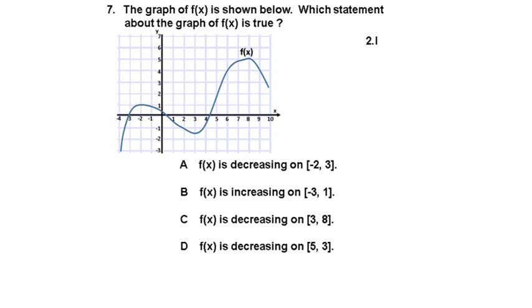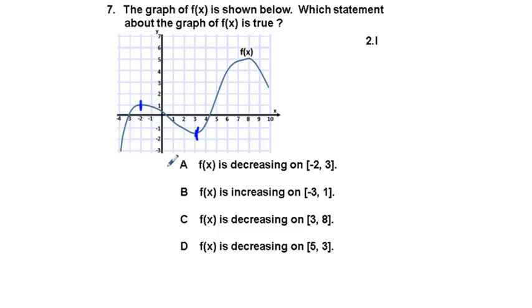Next, 7. The graph of f of x is shown below. Which statement about the graph of f of x is true? We just examine these statements one by one. A: f of x is decreasing on -2 to 3. So here's -2 to 3.